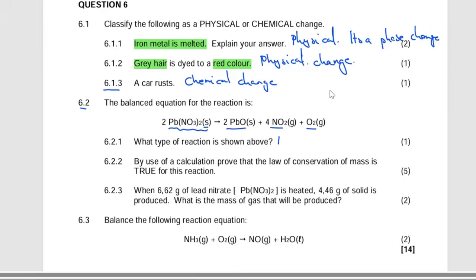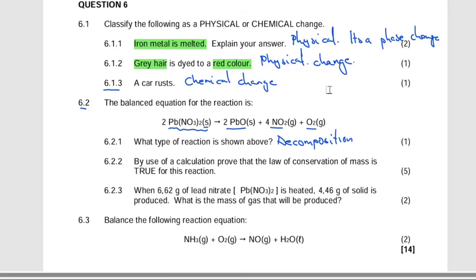If it's something like that, automatically know the type of reaction is referred to as a decomposition reaction, because there was a breakdown of the original reactant to formulate more of our products. Then 6.2.2 says by use of calculations, right?